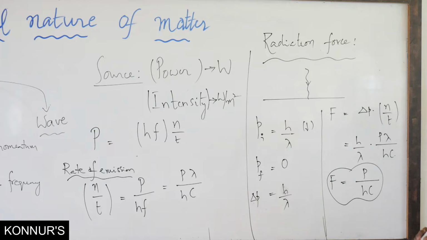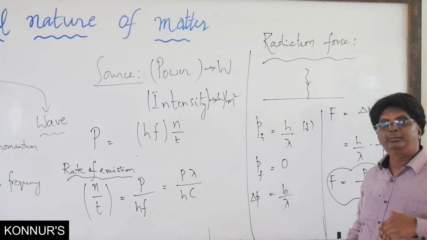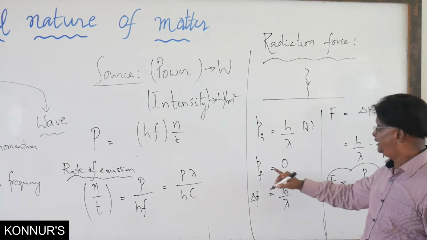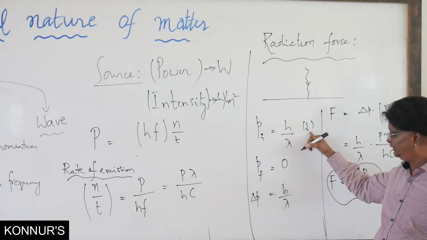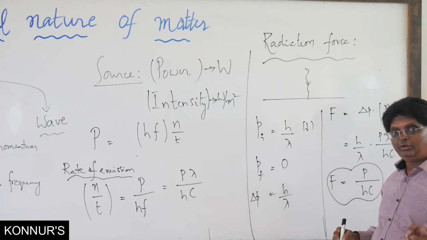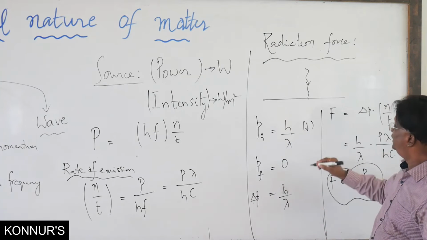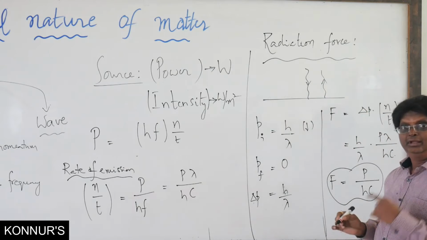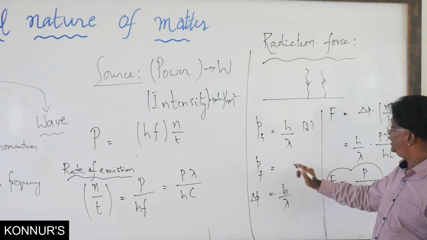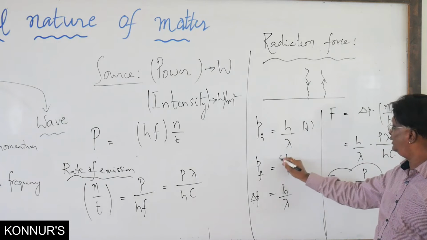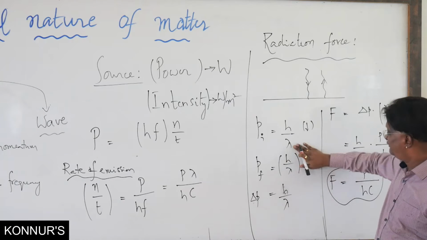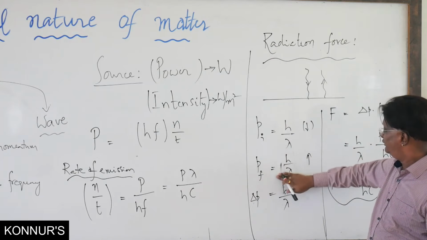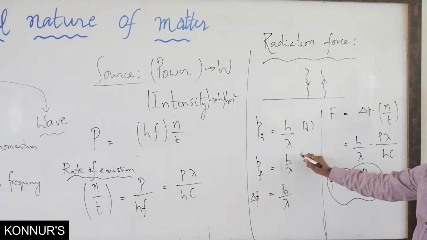Now in this example, let us make a small change. If it is complete reflection, what happens? Earlier we said Pi equals h by lambda downwards and Pf equals 0. Now this time, complete reflection: this is incident and this is reflected. Now the momentum is again h upon lambda, but the vector is reversed in direction.